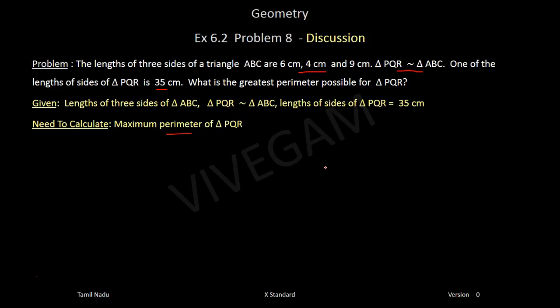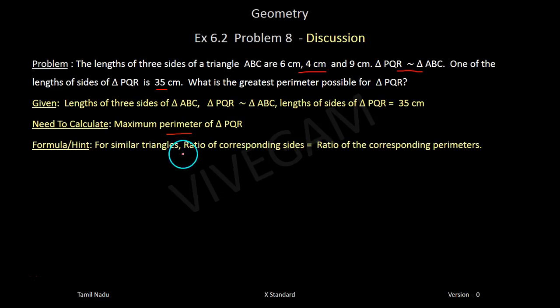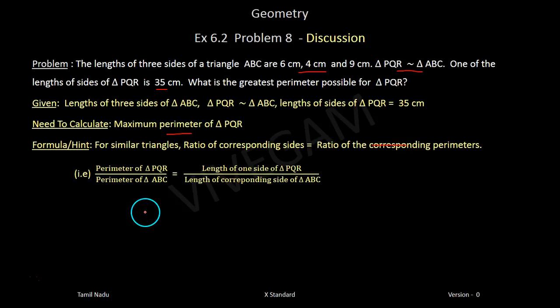So what is the formula or hint? For similar triangles, the ratio of corresponding sides is equal to the ratio of corresponding perimeters. So the ratio of perimeters of the two triangles, which means perimeter of triangle PQR divided by perimeter of triangle ABC.